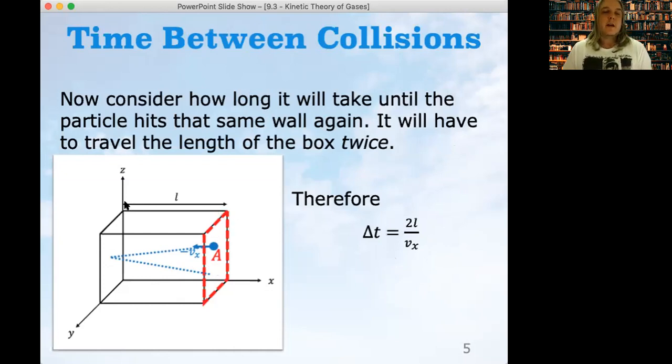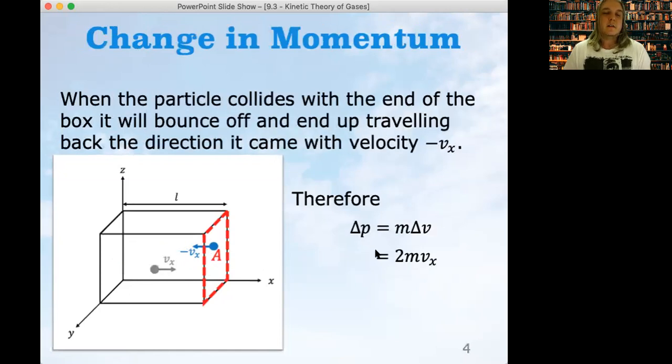And if it's some length L and it's got velocity minus Vx now, then the amount of time it'll take is simply 2L, it's got to go there and back again, divided by Vx. So that's how long it'll take between collisions. So every 2L over Vx seconds, it will hit this area A. And every time it hits that area A, it has this change in momentum.